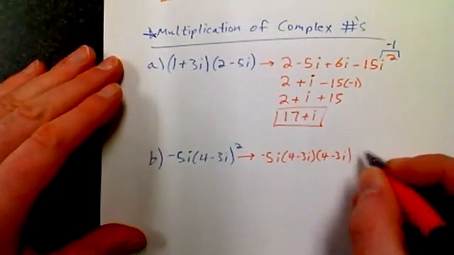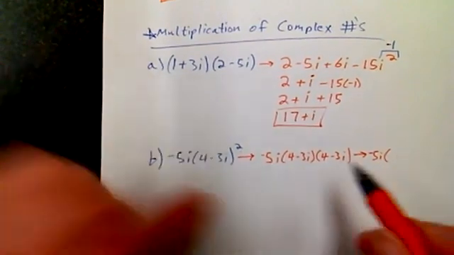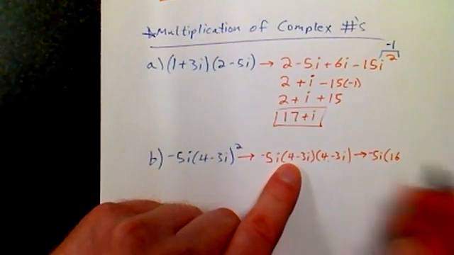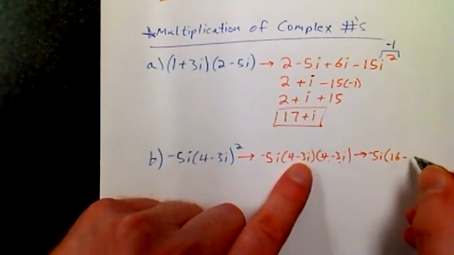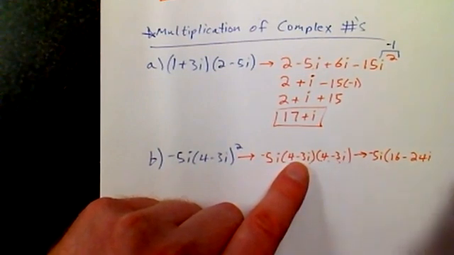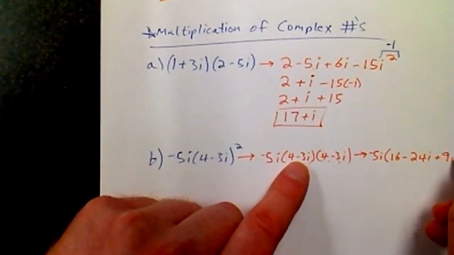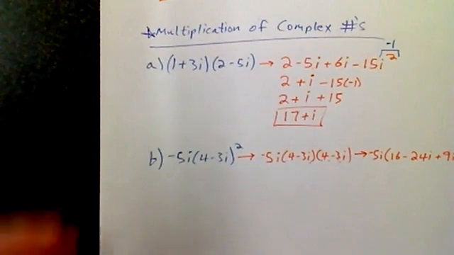So this is going to be negative 5i times 16. I have minus 12i minus another 12i. That's minus 24i. Finally, I have negative 3i times negative 3i is a positive 9i squared. So I'm right there.